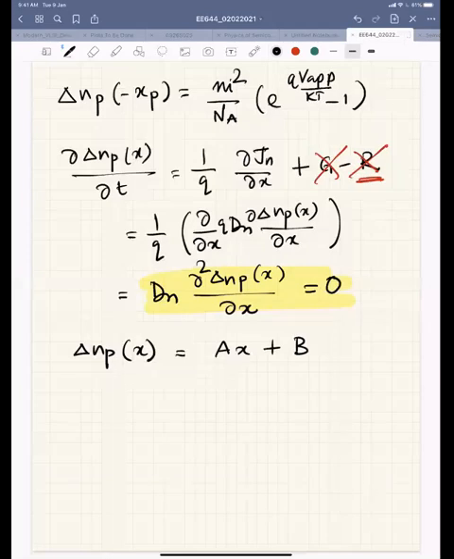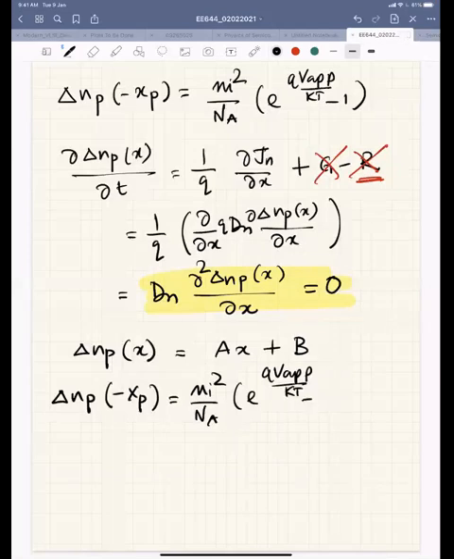Then you have to apply the boundary conditions to find a and b. And what are the boundary conditions? Delta np at x equal to minus xp equals ni square by Na times e to the power q Va by kT minus 1.